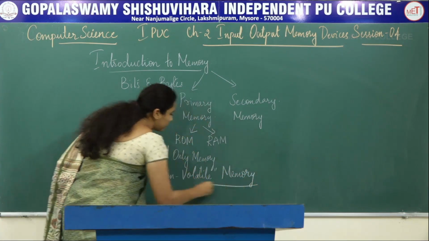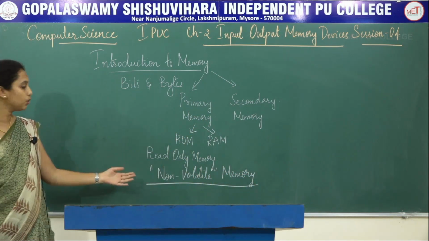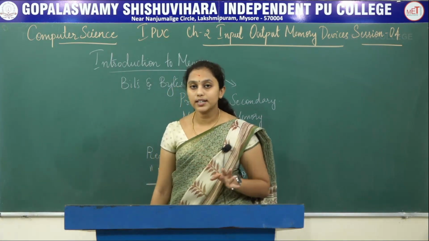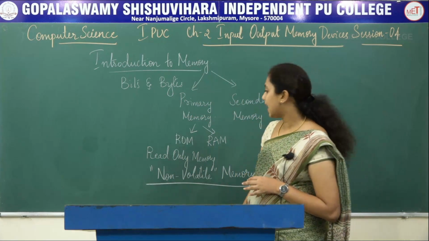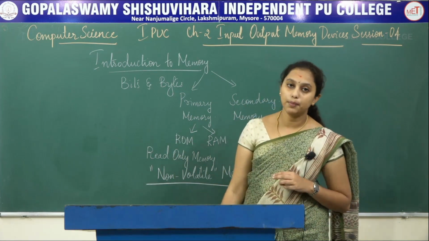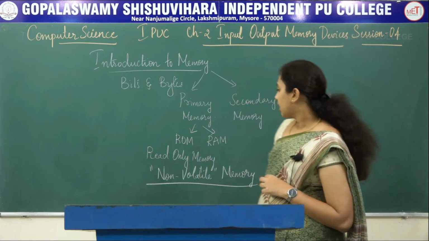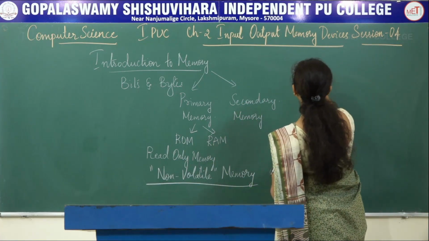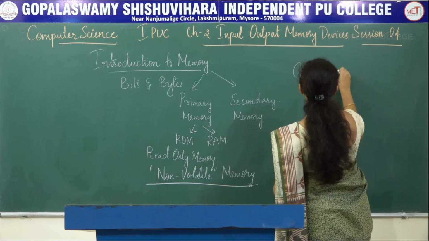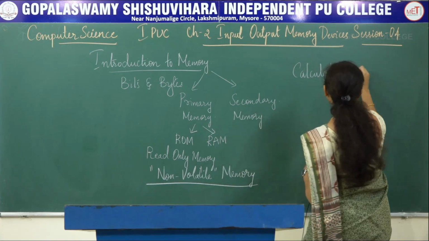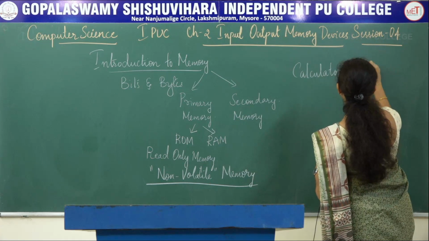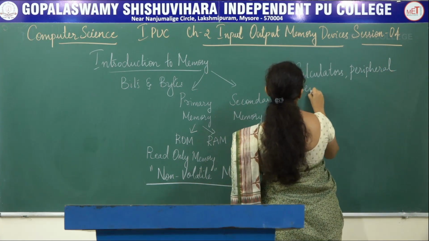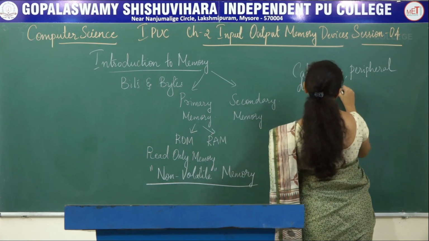It is called non-volatile memory because even when the power goes off, the contents of the ROM do not get erased. ROM is used in calculators, peripheral devices and embedded systems.